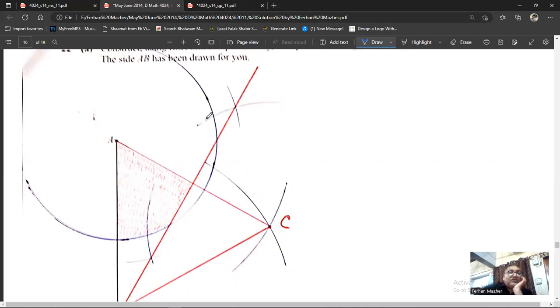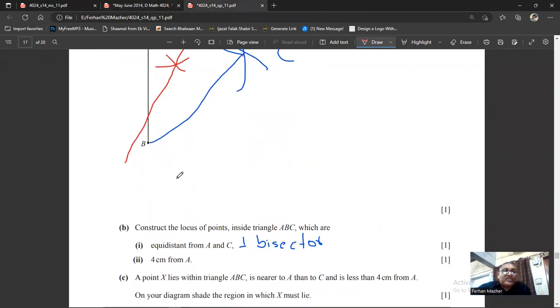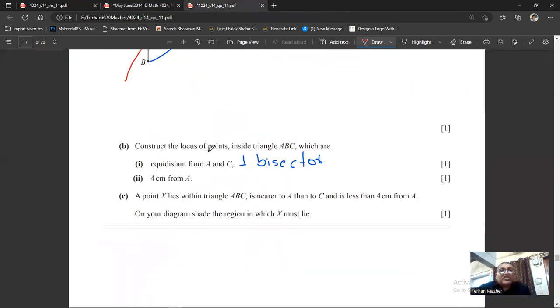Then from C, I draw this arc and this arc. So this is the point, this is the point, I join them. This is the perpendicular bisector of AC. Okay, then the question is, construct the locus of points inside the triangle which are 4 centimeters from the point. That means a circle. This means a circle.